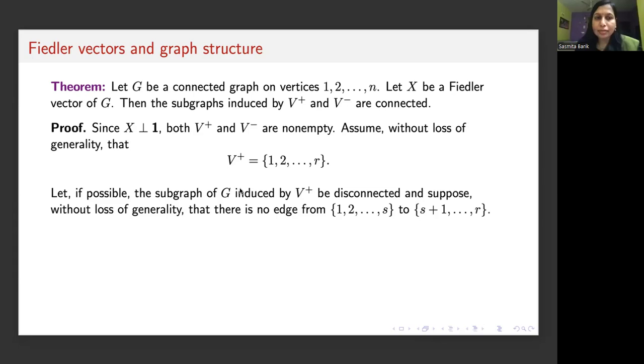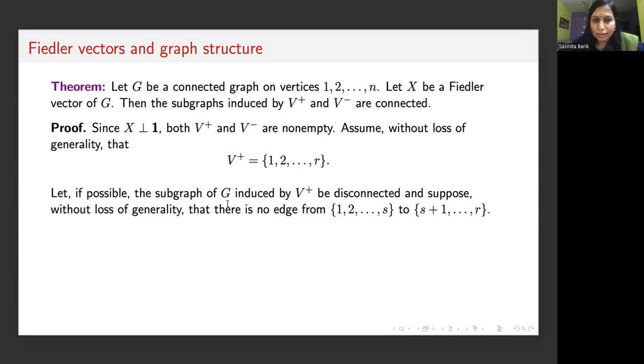In that case, I'll take two sets, 1 to S and S plus 1 to R. Disconnected means it can have more components also, but I'm just taking two divisions, and there are no edges between them. So basically, I divided it into two disconnected graphs.